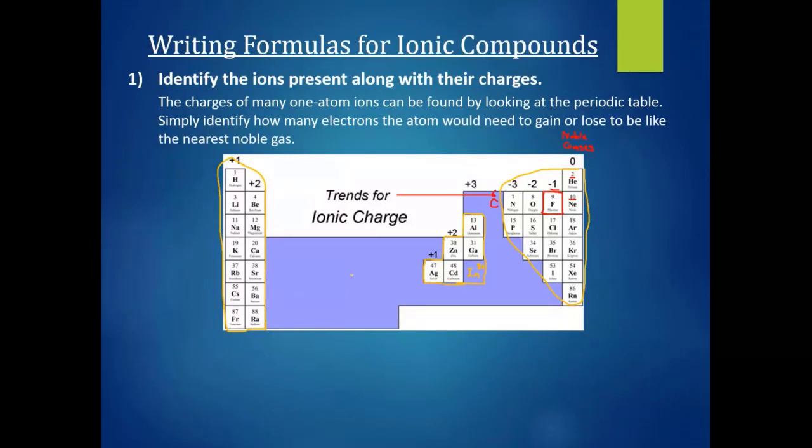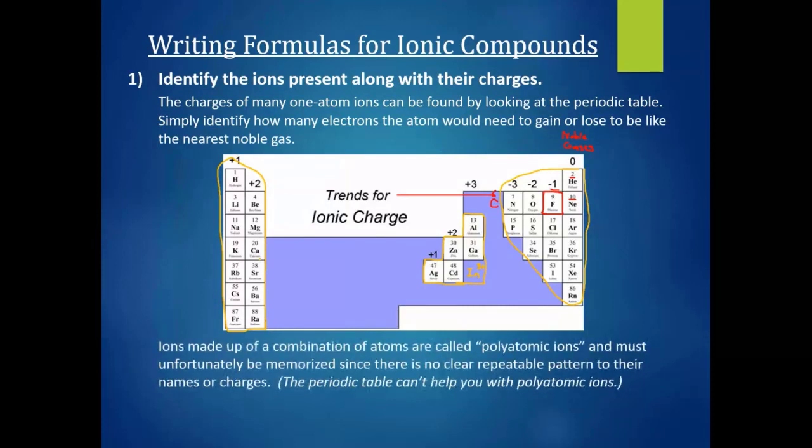So for writing formulas for ionic compounds, the first thing we do is determine what the ions are along with their charges. Polyatomic ions, once again, you're just going to have to memorize because there's no clear repeatable pattern. Some professors might be nice and allow you to use a list of polyatomic ions. Other professors make you memorize them.